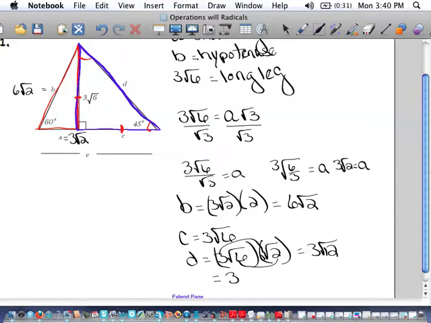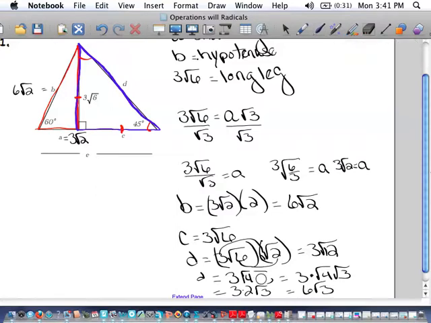So D is equal to 3 times the square root of 4 times the square root of 3. So I have 3 times 2 times the square root of 3, which is 6 root 3.